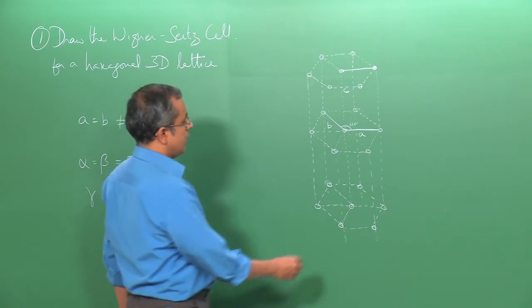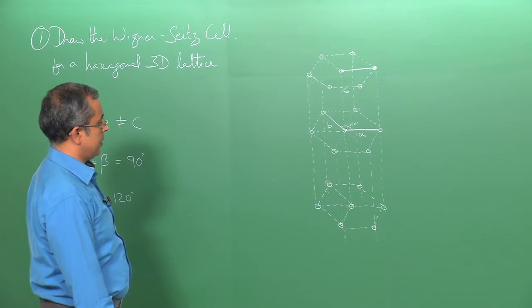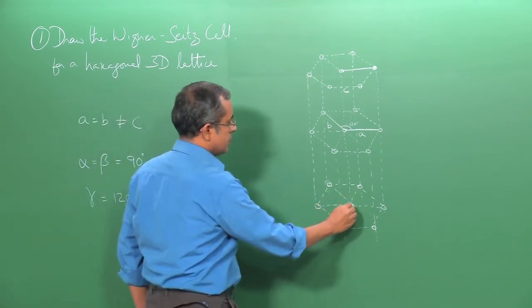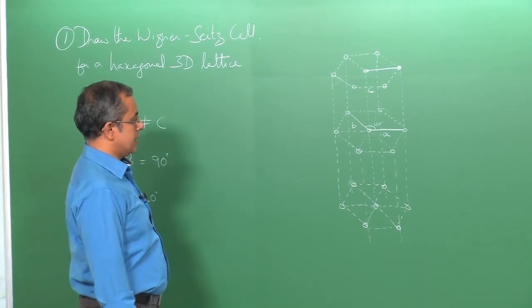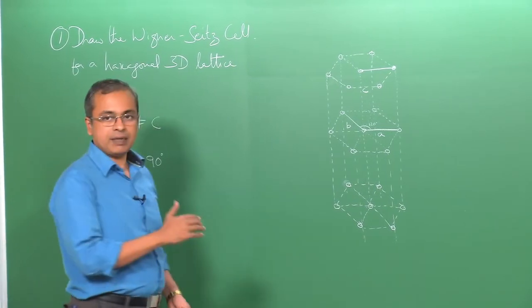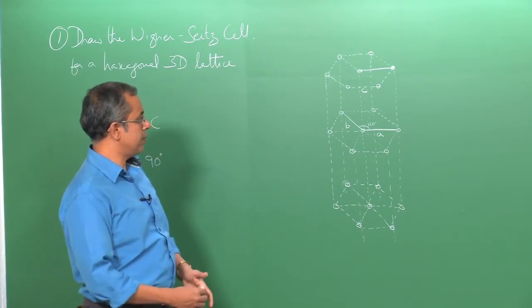Okay. So, we have actually got these hexagons put up here. So, now we would like to draw the Wigner-Seitz cell. We have enough points here that we can construct our Wigner-Seitz cell. So, that is why we needed to make this diagram a little bit more elaborate.